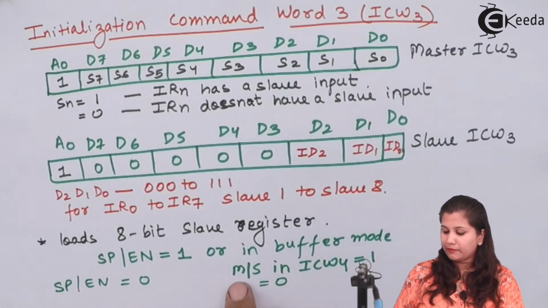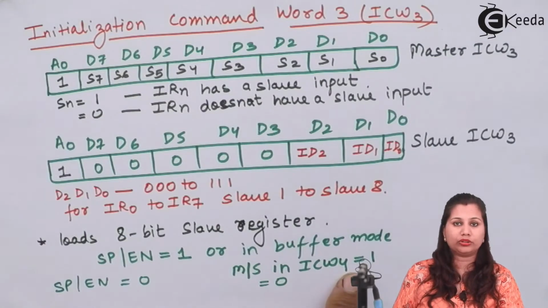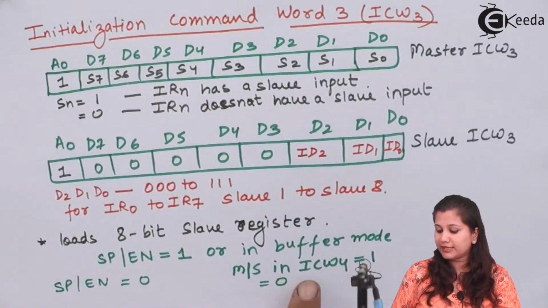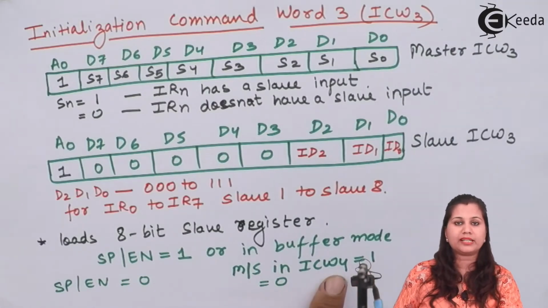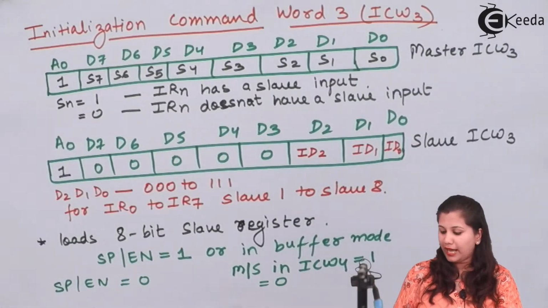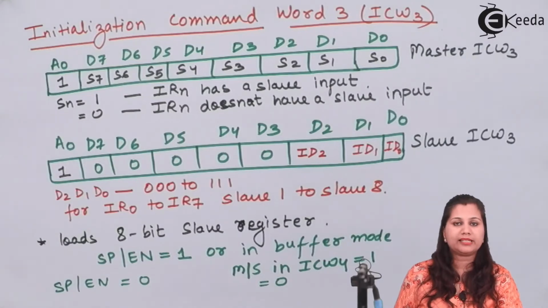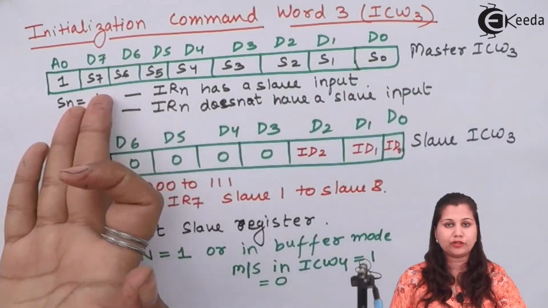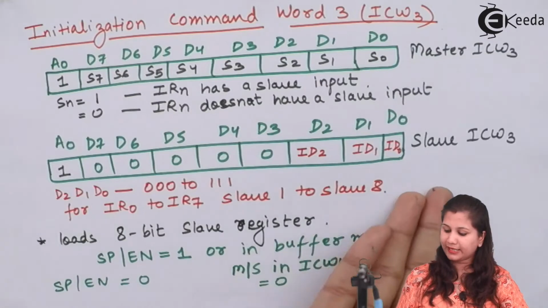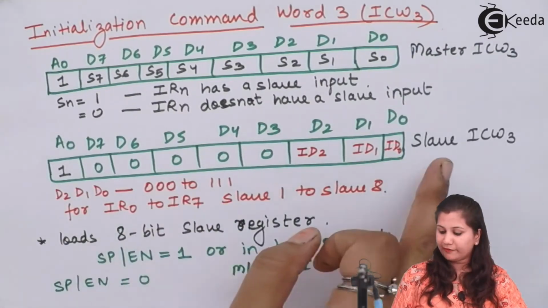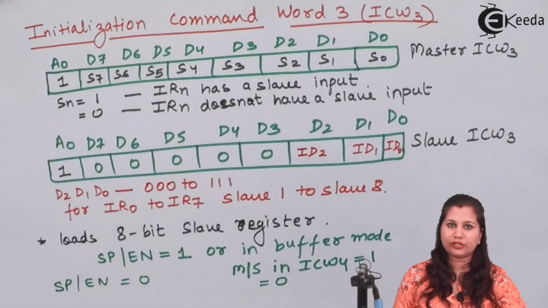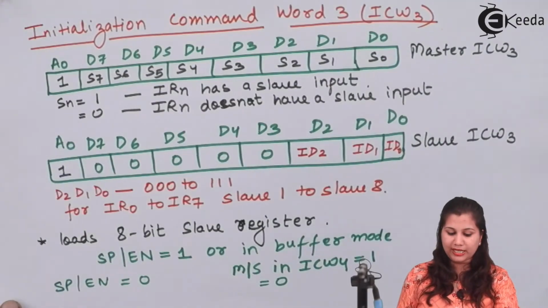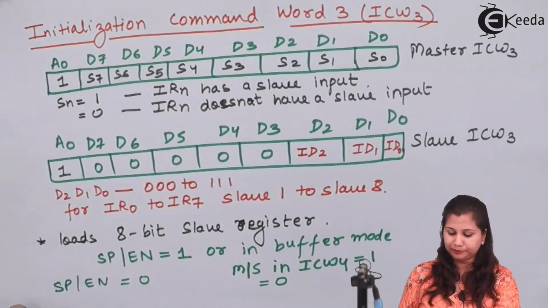Also the M/S bit of the ICW4, that is the fourth initialization command word, if this bit is set, that means 8259 is in master mode, and if it is 0, then it is in the slave mode. So according to the mode, these command words will be executed. In master mode, the first command word will be selected, and in the slave mode, the second command word will be executed. So this was the third initialization command word.